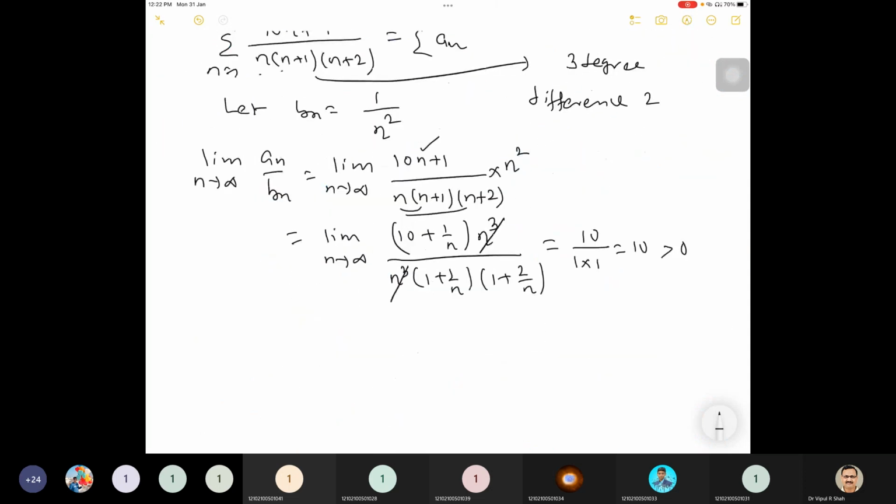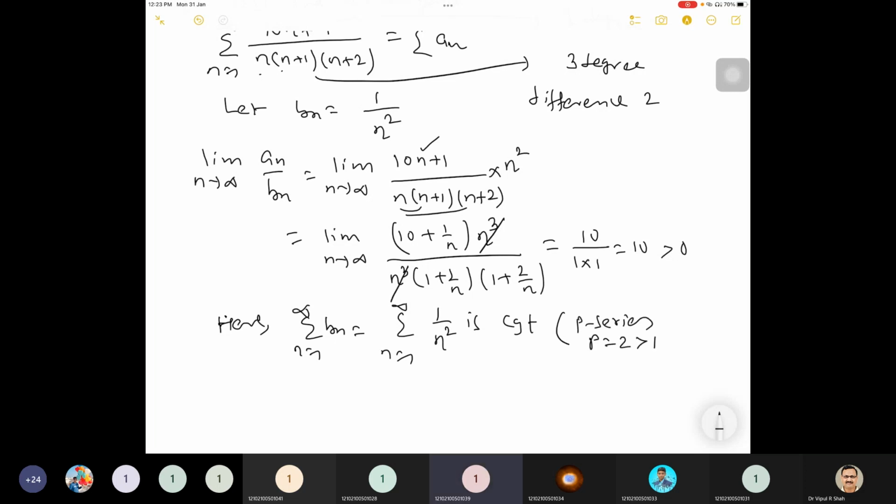Now what can you say about series Bn? Convergent or divergent? Convergent, sir. Why? P is greater than 1. It's a p series, and p equal to 2, which is greater than 1. So Bn is convergent.